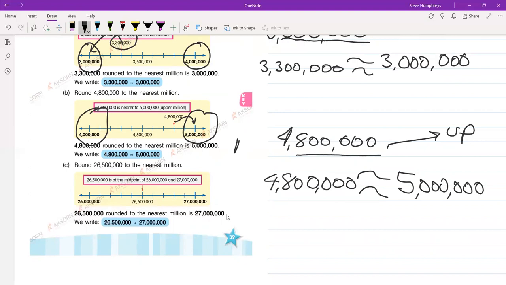Okay, and the last one they give, the last example, an even bigger number, an 8-digit number, 26,500,000. Look at the last 6 digits. There's your lower million, and it's actually got tens of millions. 26 million, and your upper million, 27 million.